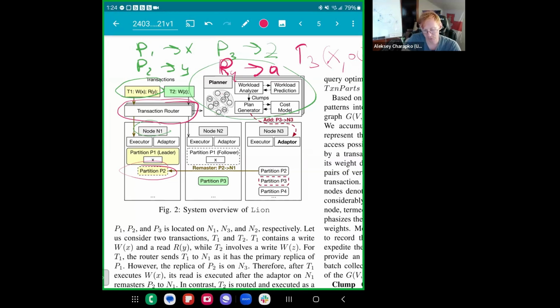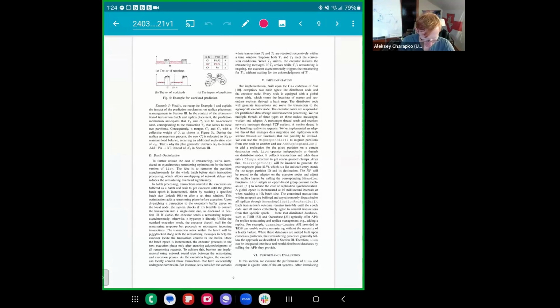So instead of trying to run the two-phase commit transactions distributedly, Lion is trying to figure out the best placement of nodes in the system in such a way that we collocate the replicas of different partitions together, so that the transactions are likely to just have one node in common that has all the partitions, and we can either elect all the primaries there or move the primaries as we need to. I'm gonna skip a bunch of these formulas and whatnot.